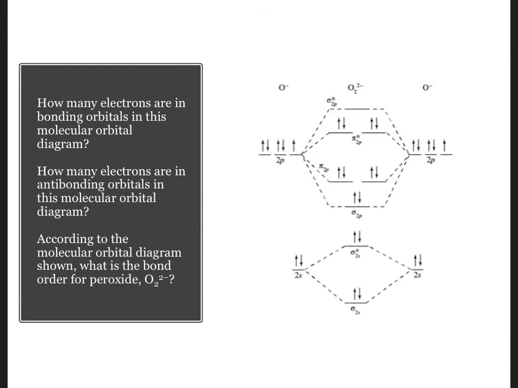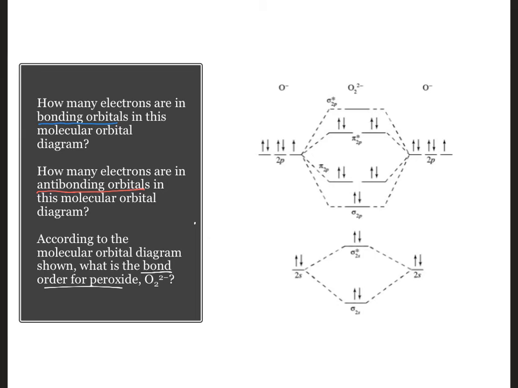This one has 3 questions in one. We're going to start with circling the bonding orbitals. Then we're going to circle the anti-bonding orbitals. And then that will allow us to calculate our bond order for peroxide.